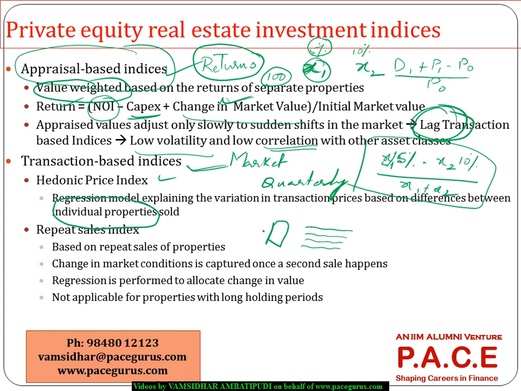We are trying to find out the prices, and depending on how the price is changing, the index value is updated accordingly. So this is a mechanism which explains the change in the prices with respect to the individual properties and the differences in their characteristics.